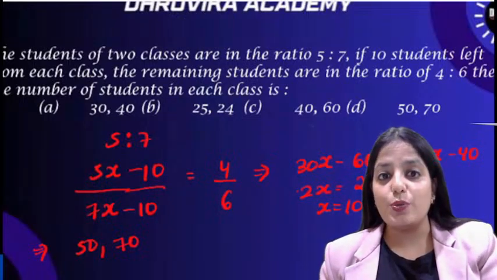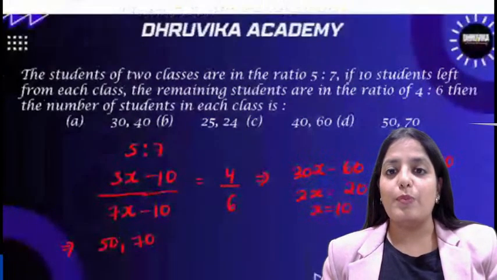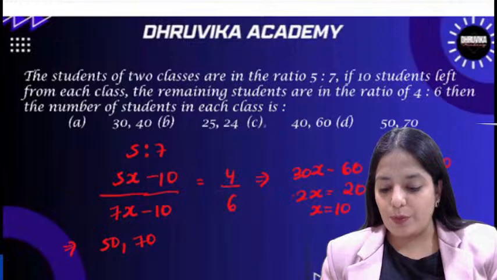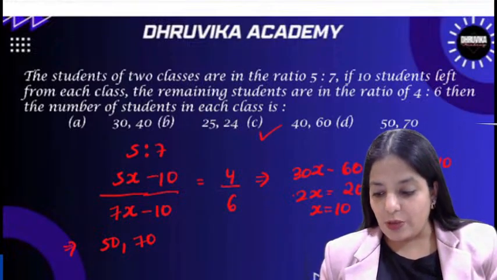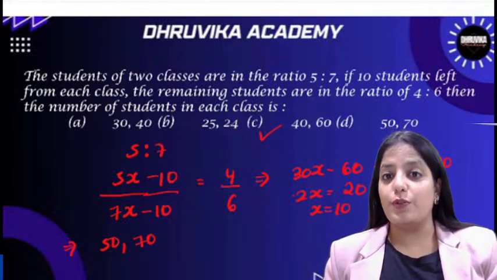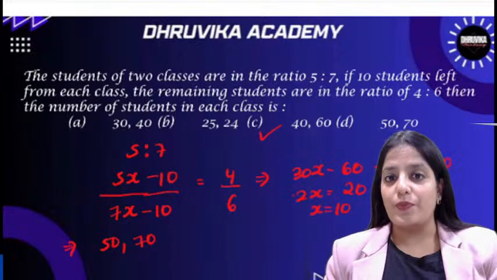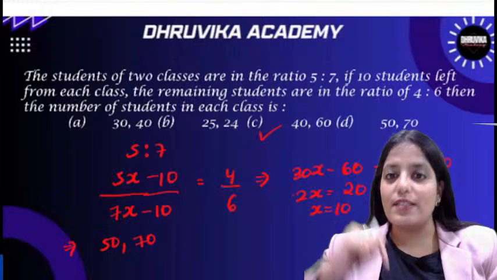So definitely it would be 40 and 60. Yes, you do have the option 50 and 70 in the question, just to confuse you, right? So you are required to find the number of students after 10 students left.